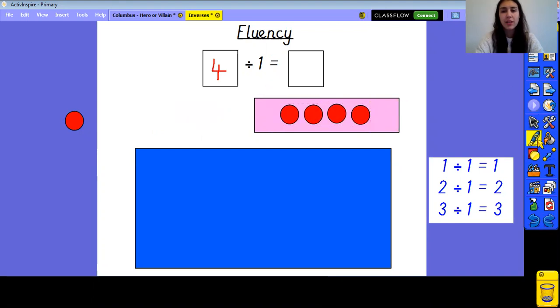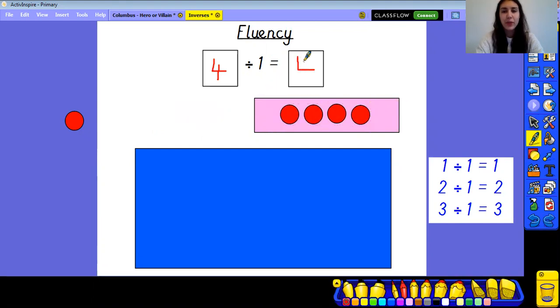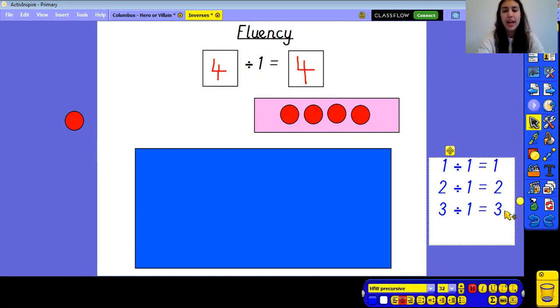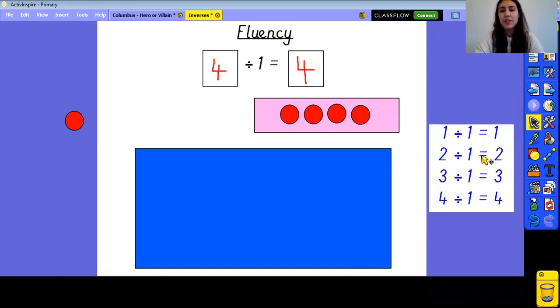How many counters are inside the group? 4, fantastic. So then we can say that 4 divided by 1 equals 4. Have you started to notice a pattern at all about what happens when we divide a number by 1?